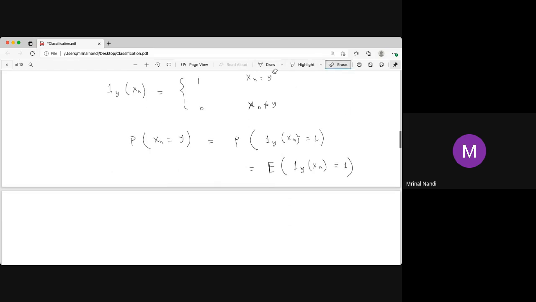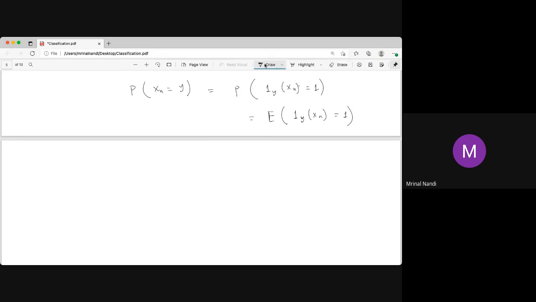Now we define one more term, Ny. Ny denotes the number of times n greater than or equal to 1 that the chain is in state y.